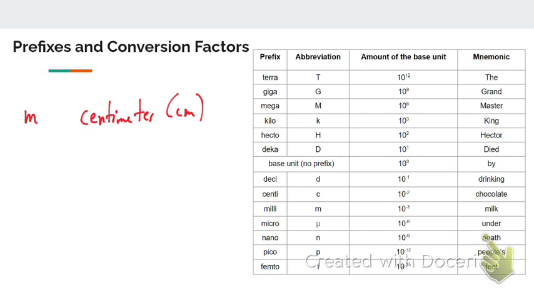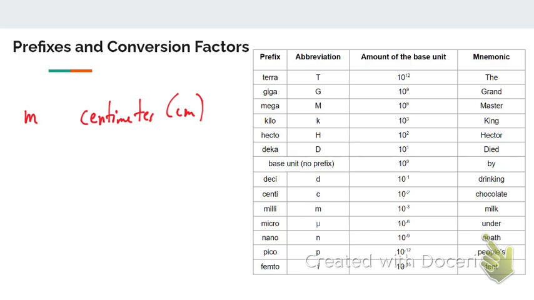A conversion factor is just merely: in 1 meter, how many centimeters are there? You can do it either way, like asking in 1 centimeter, how many meters are there?